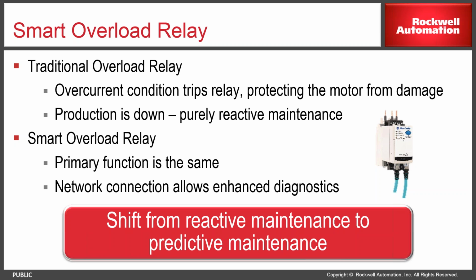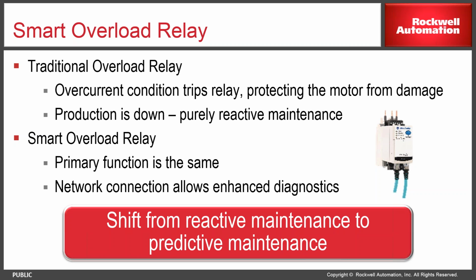A smart overload relay can dramatically improve the situation. For example, the E300 overload relay sits on EtherNet/IP, providing enhanced runtime diagnostics to the Logix controller. One really important piece of information that it provides is runtime current level.